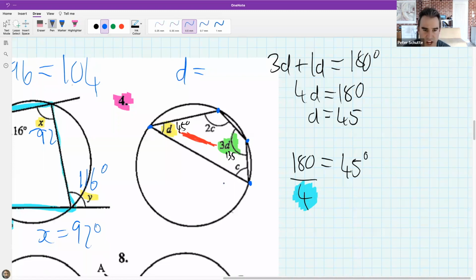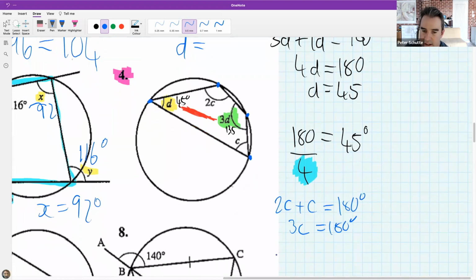So I'm seeing in the chat quite a few 60s. And I think what you guys are doing is you're saying, I've seen this trick before. 2C plus C must be 180, because these are also opposite angles in a cyclic quad. Therefore, 3C is 180. Therefore, C is 60, because 180 divided by 3 is that.